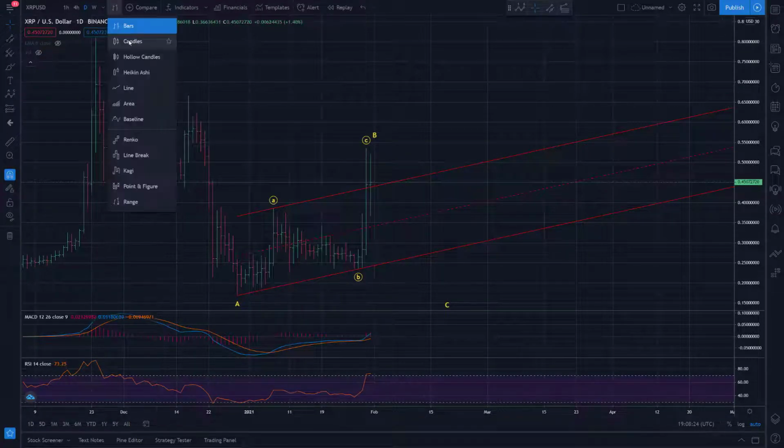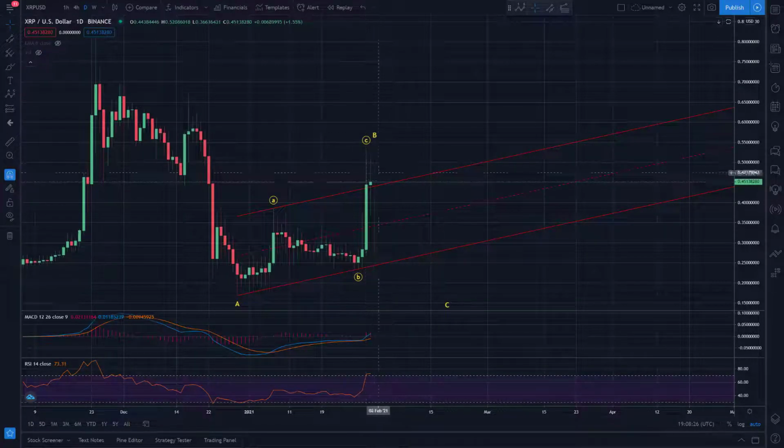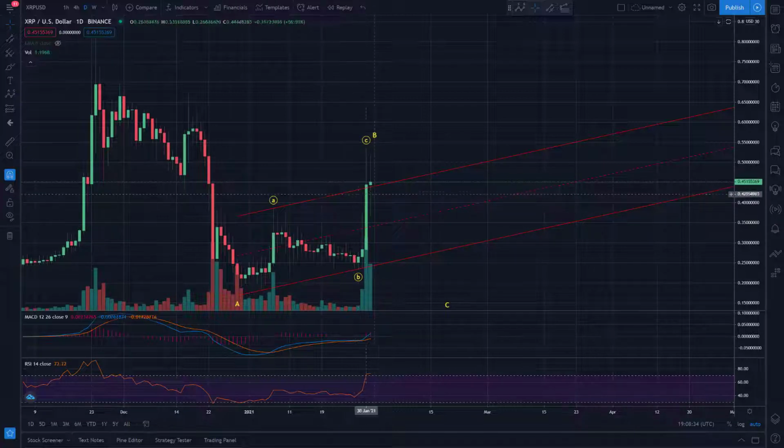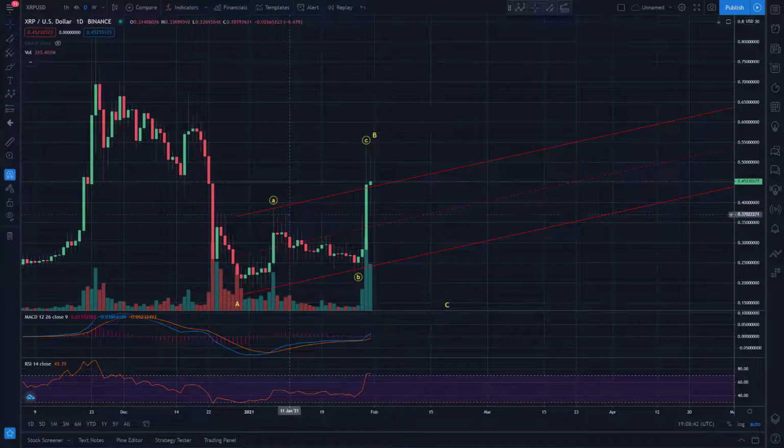There's some pretty decent upper shadows on these daily candles, at least for now. Obviously, some volume coming in there. There's some sort of Reddit pump associated with this move, so that's fine. Doesn't mean it's going to really start a new trend. It could just be one of those spike pumps, which I kind of suspect it is. And then we still haven't actually completed this larger correction.